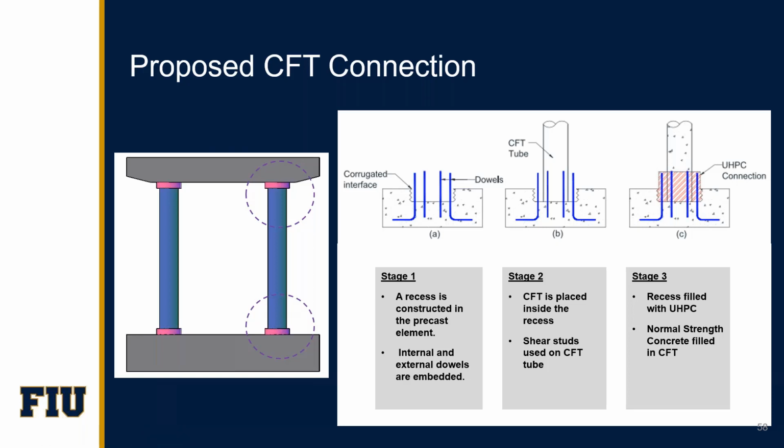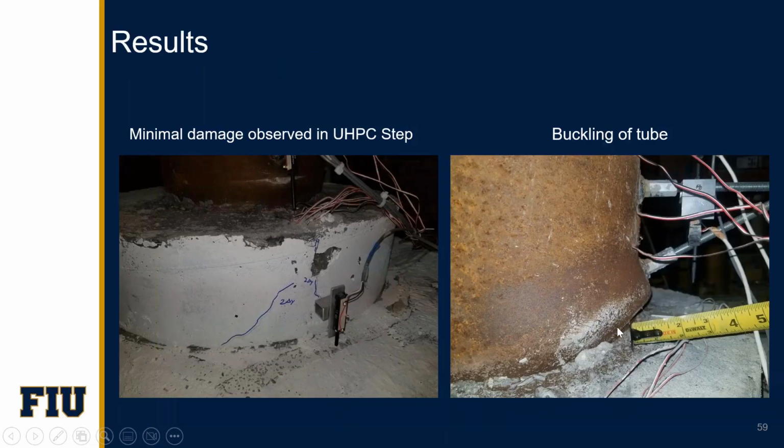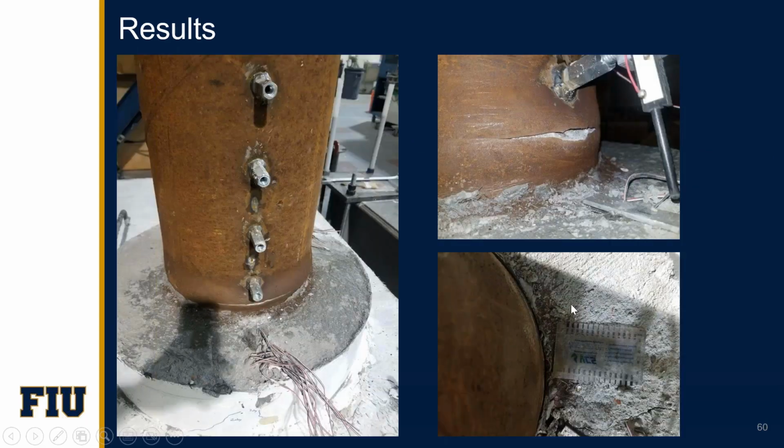If you embed half the diameter of the tube inside the foundation, and then have this reinforcement come up like this, you will be able to develop this type of failure that we have seen in the CFT. I did lots of work on the CFT back in the US-Japan cooperative earthquake engineering work, and these are typical damage you will see with the CFT when the plastic hinge forms. And that detail that I showed you is capable of doing that.